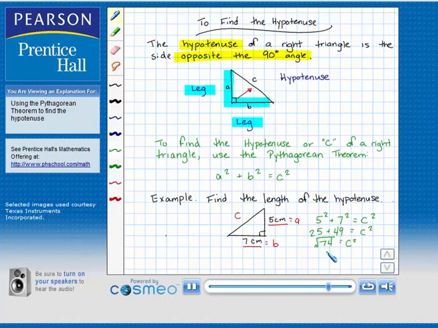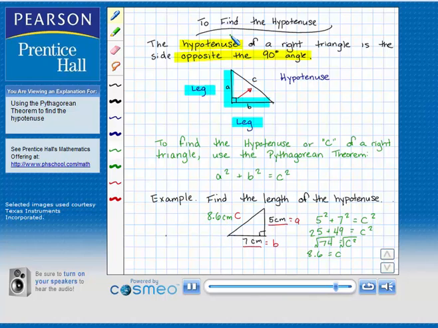So we want to find the square root of 74 and the square root of c.  The square root of 74 is 8.6, and we'll go ahead and round it to the tenths place. So 8.6 is equal to c, and our hypotenuse is equal to 8.6 centimeters.